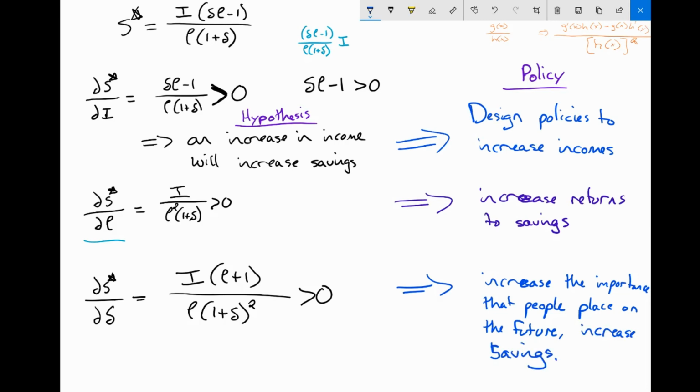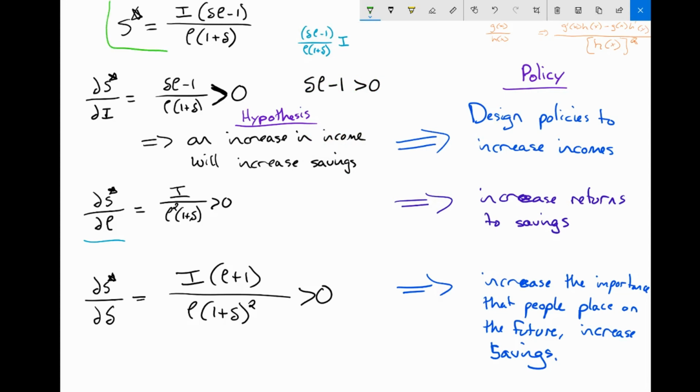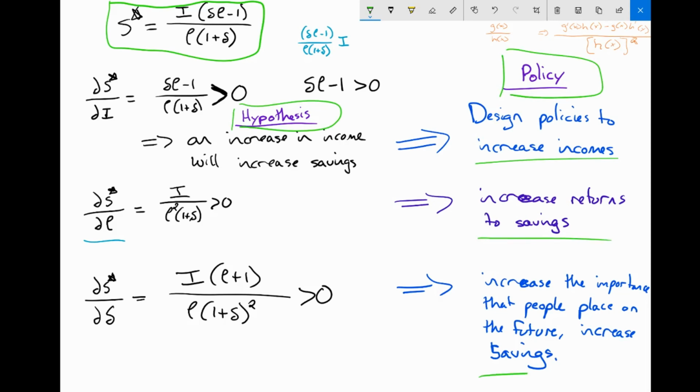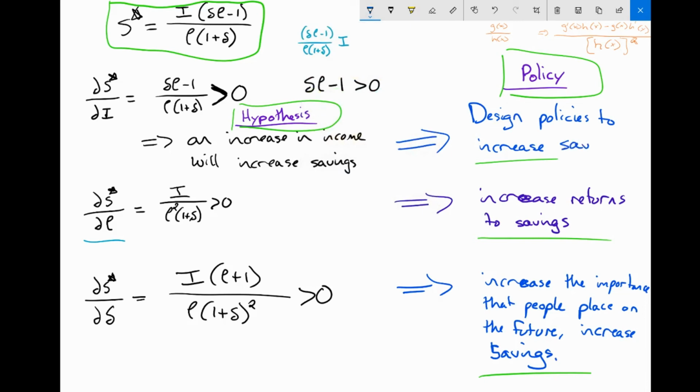Okay, so there we go. What we've done is we have identified optimal savings behavior. We've then looked at how changes in the parameters affect optimal savings behavior, used that to derive hypotheses and policies that we think we could use to affect or improve savings.